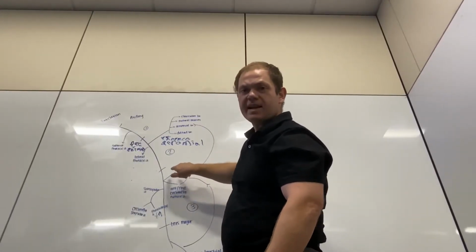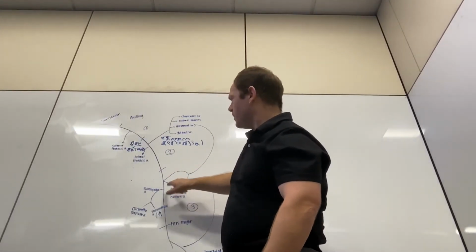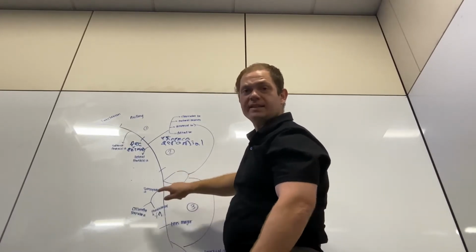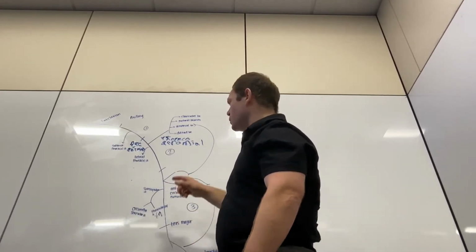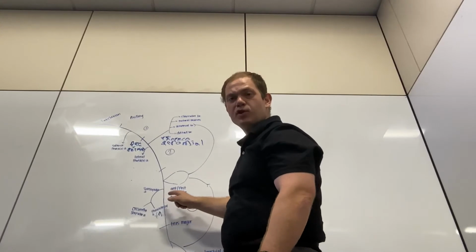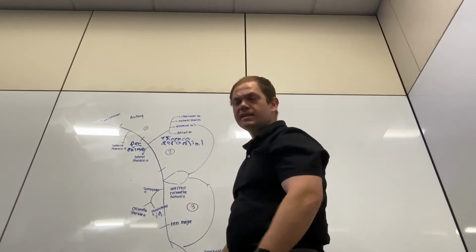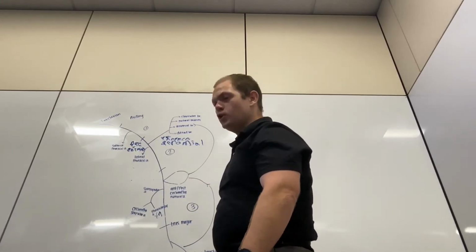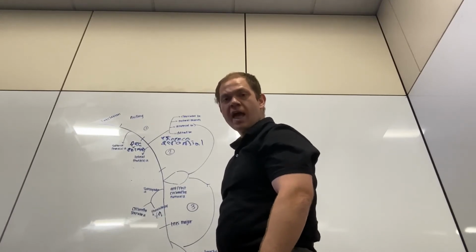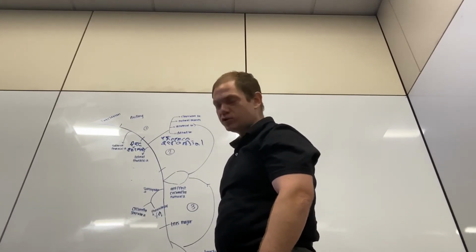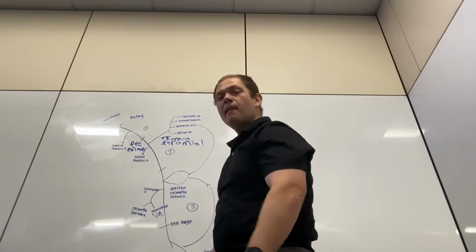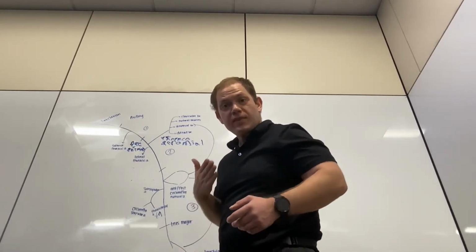Splits again down here, and there's 3 branches here. You have the subscapular, which splits into the circumflex scapular artery and thoracodorsal artery, which courses with the nerve.